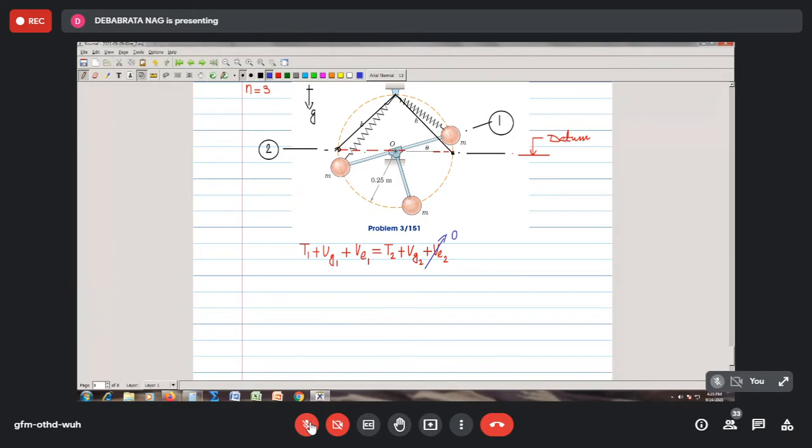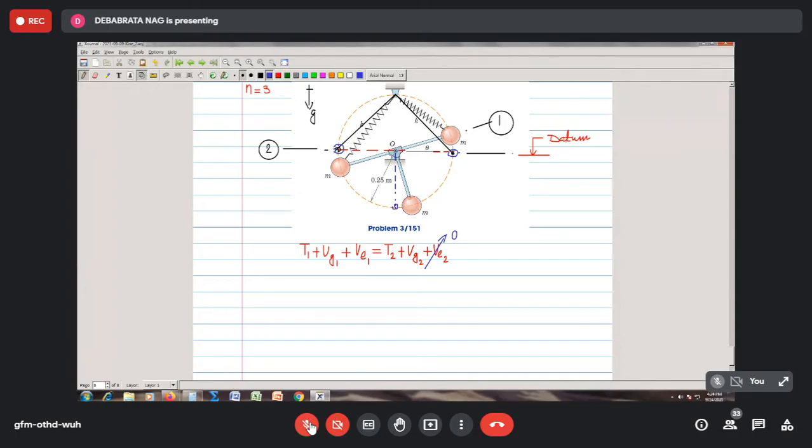Secondly, at position 2, these two masses are on the datum line. So the gravitational potential energy will be only due to M at that position. These two will be here only, so there is no gravitational potential energy for these two masses when they come to this position.